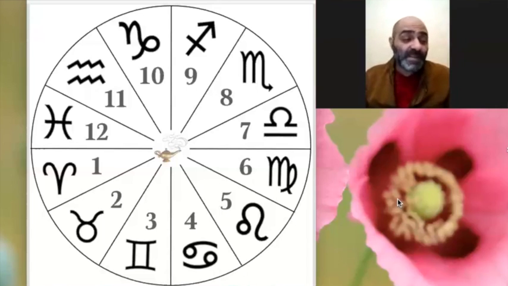Malefic planets in the second house can show expenses, especially Mars. People with Mars in the second house are people who spend a lot. They might earn a lot, but they spend a lot. Moon in the second house, as an example, can show emotional spending.